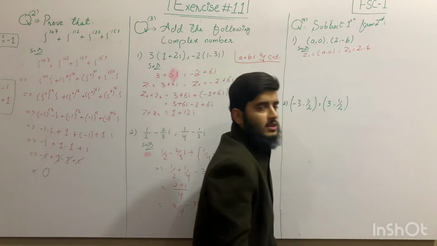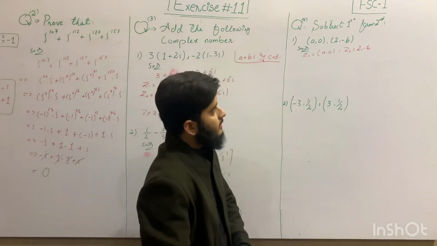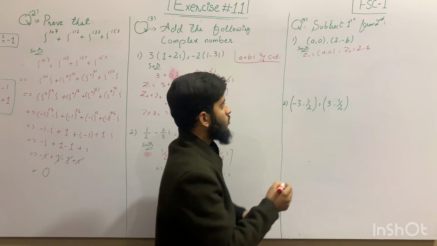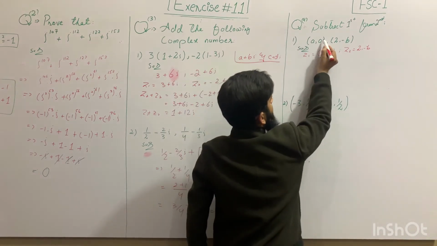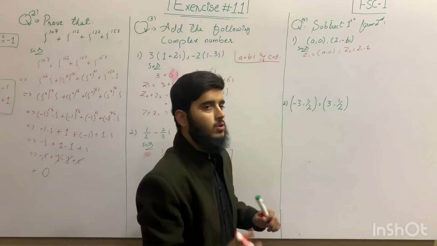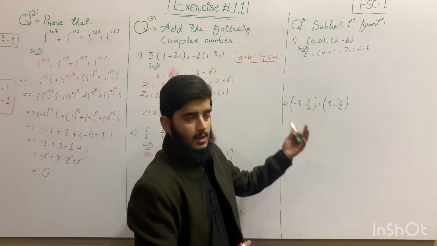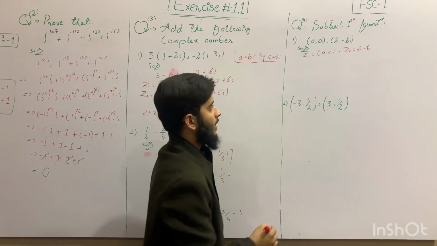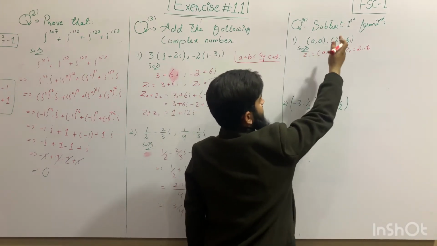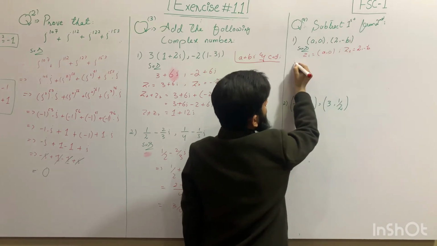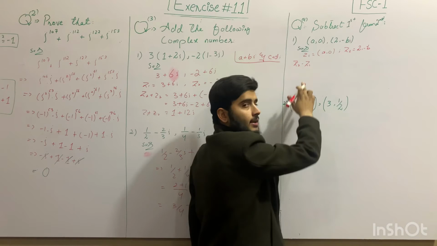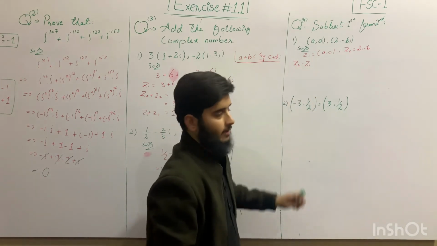Remember that if you have a complex number, the second term must contain iota, so always try to put iota here, because we will subtract the iota term from the iota term and the constant from the constant. They are saying subtract the first term from the second, so we will take Z2 minus Z1.